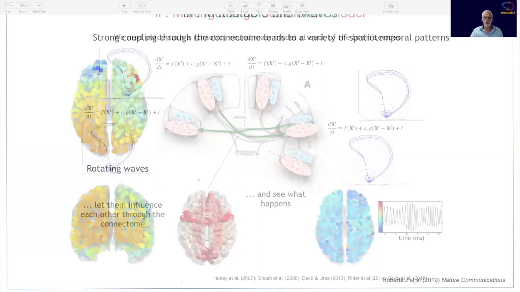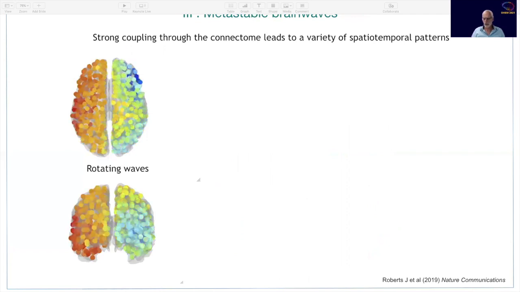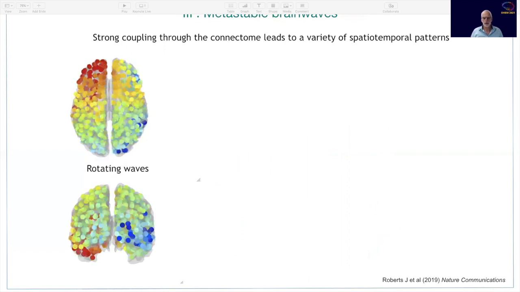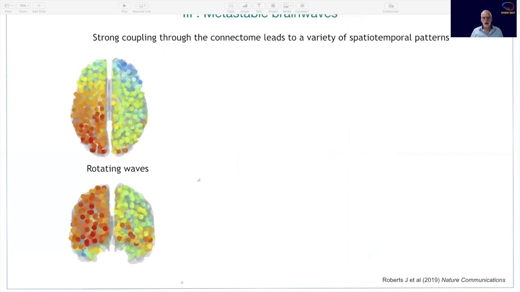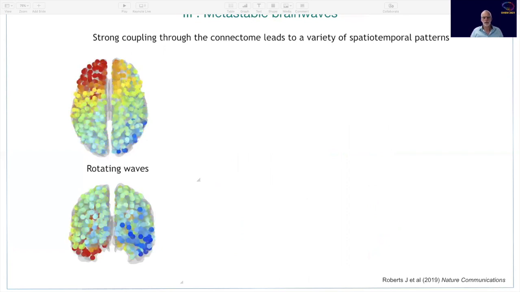This is a model I did with James Roberts, exactly what I discussed a few minutes ago. We then got some connectomic data from healthy older Australians, and we asked ourselves, well, we don't really fiddle with the parameters. What kind of whole brain dynamics do we get? This is like the weather patterns I spoke about.